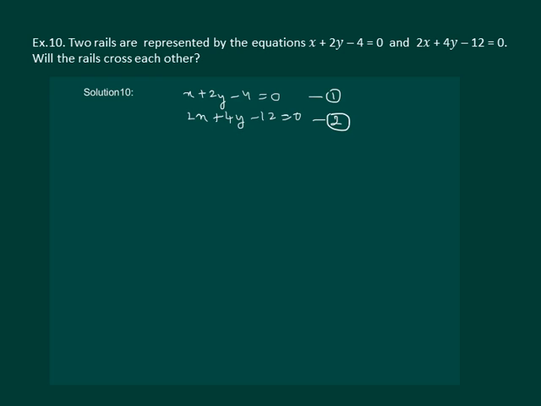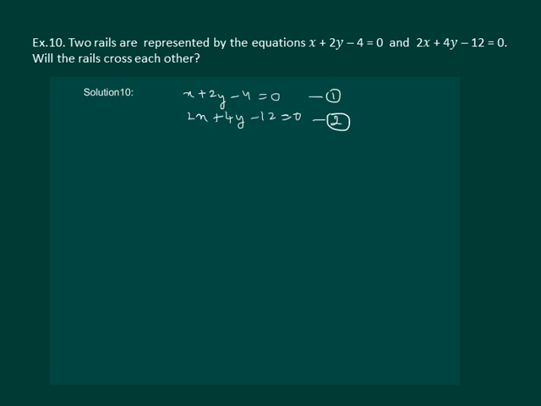Now, if we get a unique solution for this pair of linear equations, then the rails will cross each other at that point. If we get infinitely many solutions, then the rails will cross each other many times. But if we don't get any solution, then the rails will not cross each other.